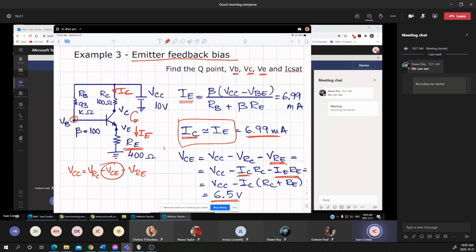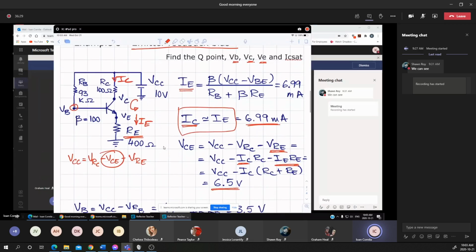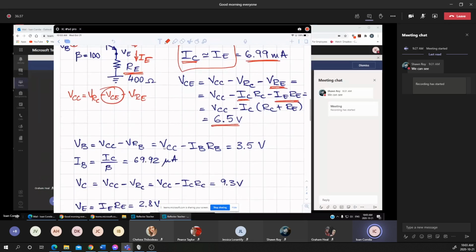Remember, we made these first measurements in the first and second labs in this course, which helps to have an understanding of those voltages. Now we will be able to calculate those voltages.